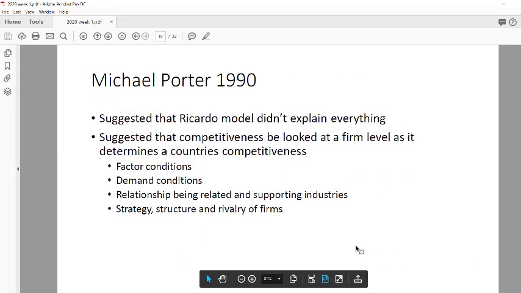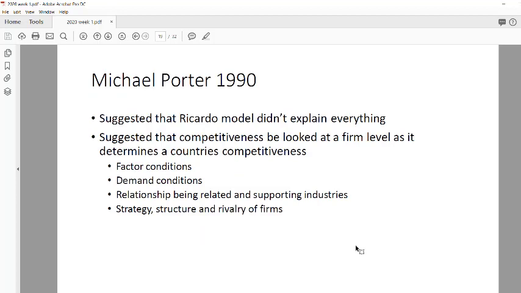So Michael Porter came along and he claimed, oh no, the Ricardo model doesn't explain everything. It leaves out a few things. And then he mentioned what these 4 things are that it refuses to look at. So he looks at the country's competitiveness and he says it doesn't discuss any factor conditions.